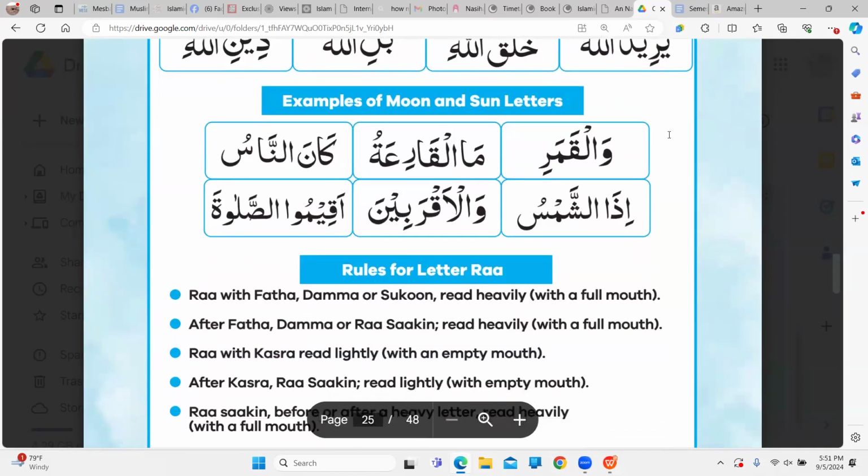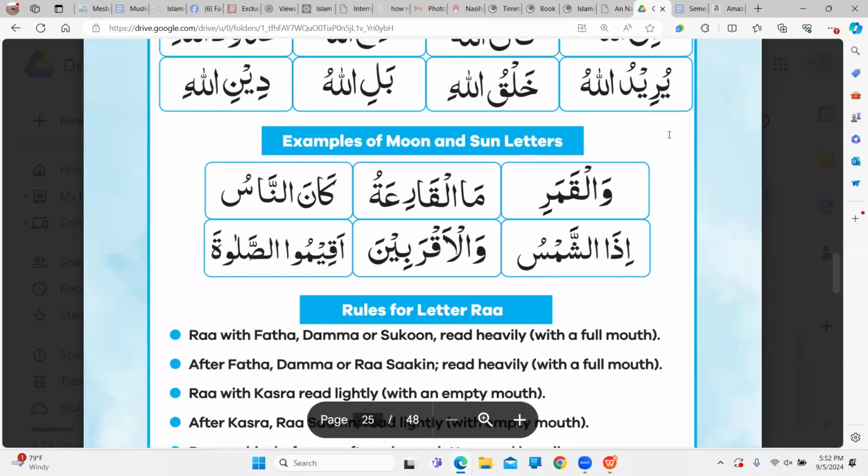Then we have the huruf al-shams, huruf al-qamar. So here we are just showing them an example of huruf al-qamar. Example of qamar is wal qamar, mal qari'ah, kana an-nas. This is qamar, and then you have the shams, so you have wash shams.